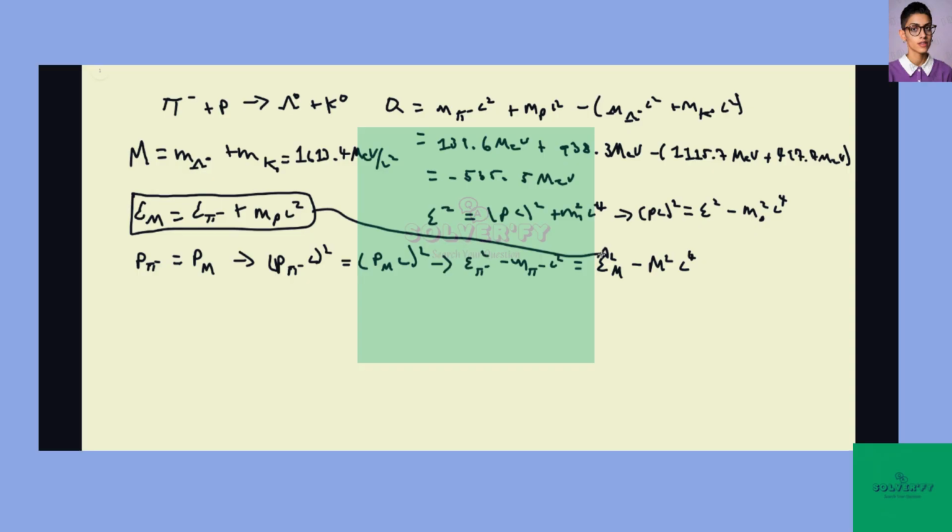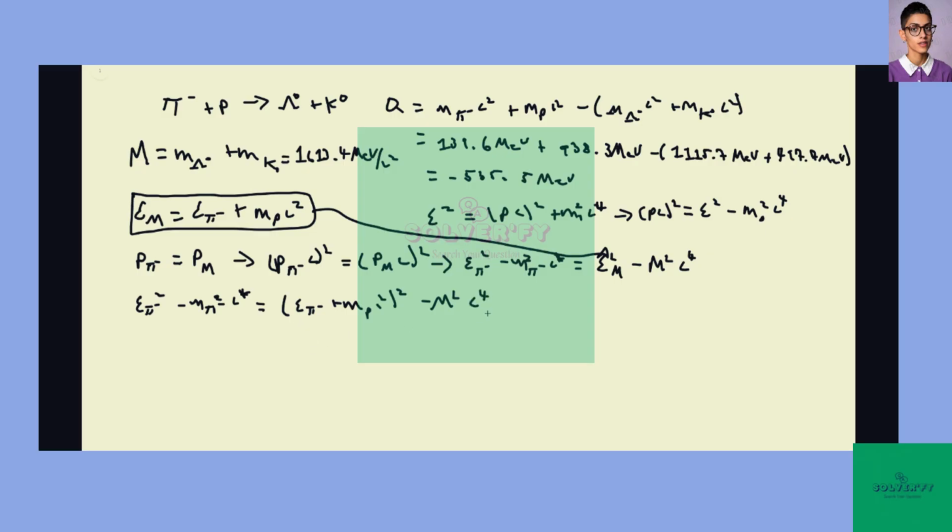So now we can rewrite this and say E of pi minus squared minus the mass of the pion squared c to the fourth is equal to E of pi minus plus the rest mass energy of the proton, squared, minus the total mass squared c to the fourth.